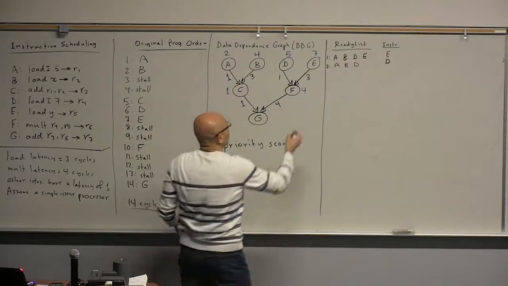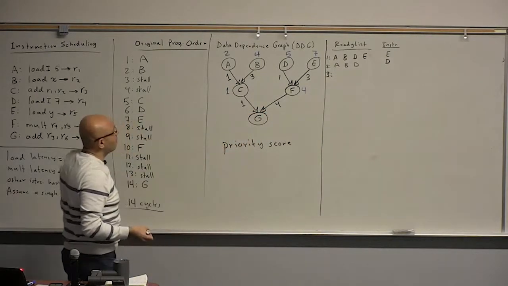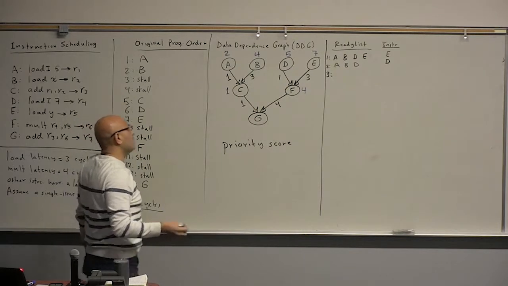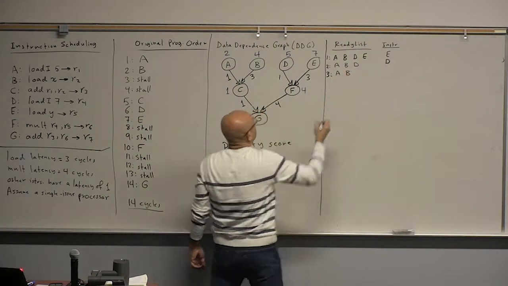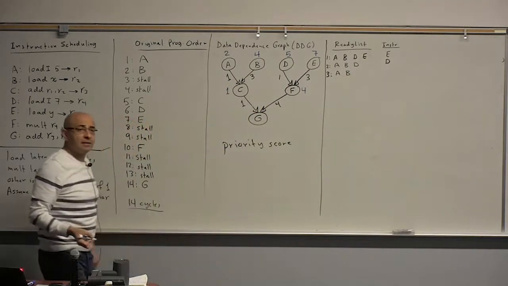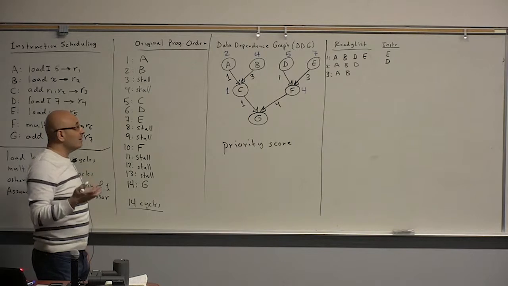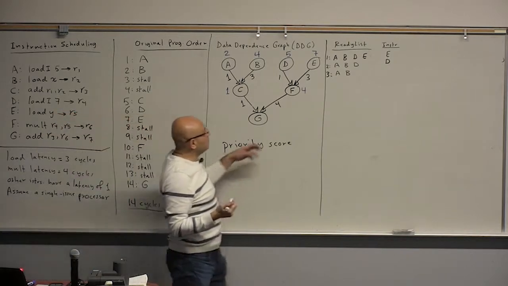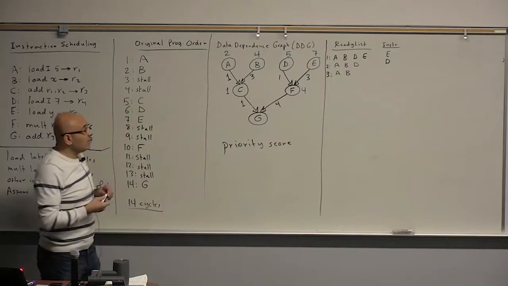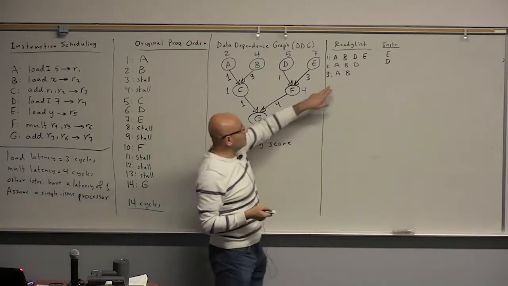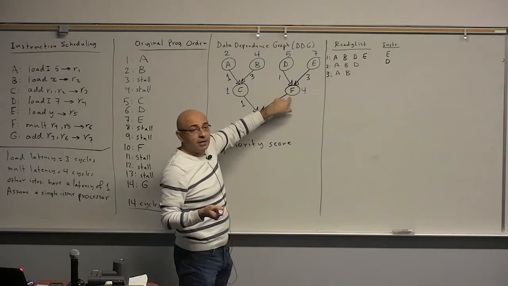Okay, in cycle 3, what do we have ready? A and B. How about F? Is it ready in cycle 3? Now we need a way of determining when an instruction becomes ready. We are in cycle 3 and we are wondering if F is ready yet or not.